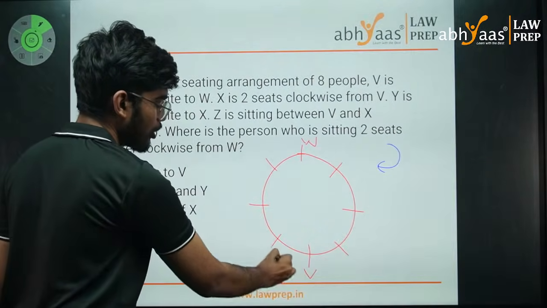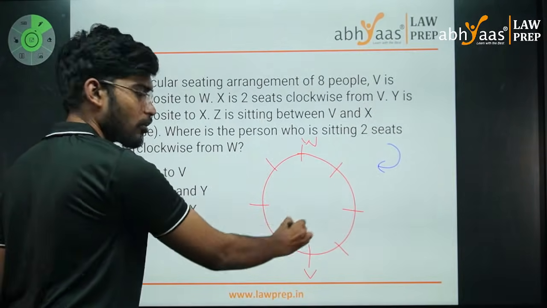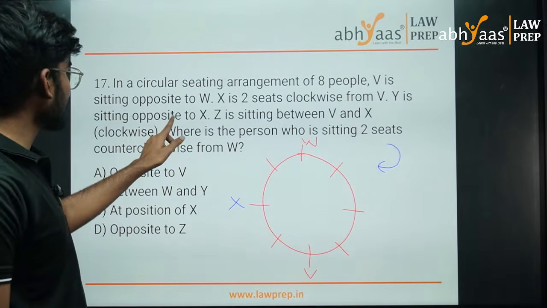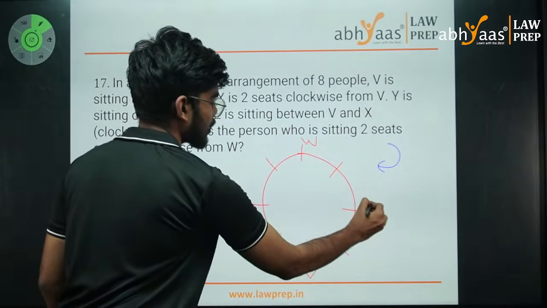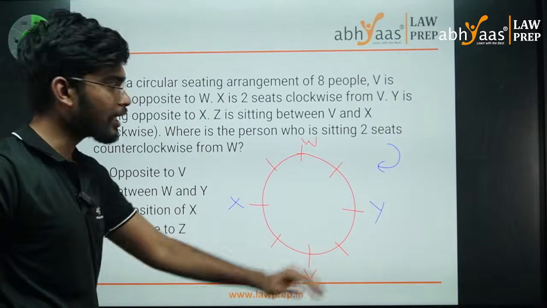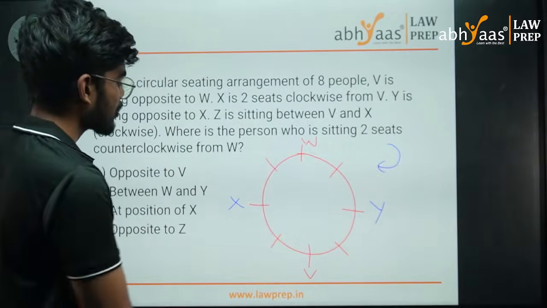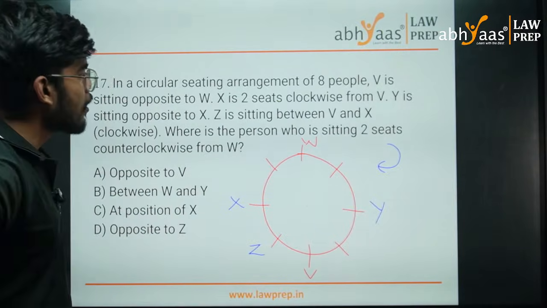X. That means starting from V, you have to go in the clockwise direction. So here X is sitting. Next, Y is sitting exactly opposite to X. Here, Y is sitting exactly opposite to X. Next, Z is between V and X. So yeah, Z is in between V and X.